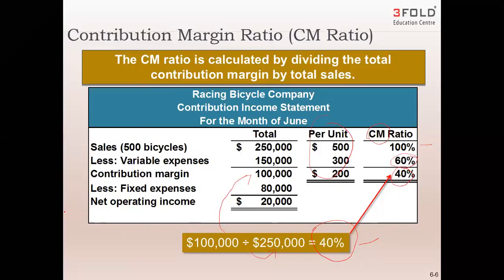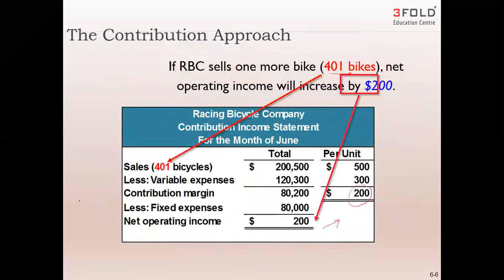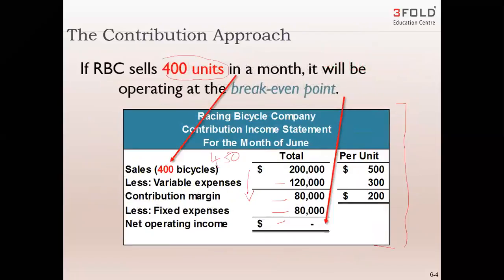So this will take me to the formula for calculating break even. If I go back to the previous slide, where we calculated the break even as 400 units, the same result can be arrived at by taking the fixed costs and dividing that by the contribution margin per unit.